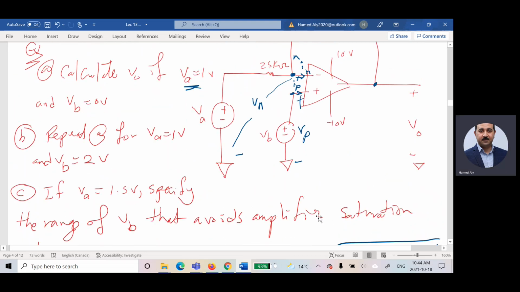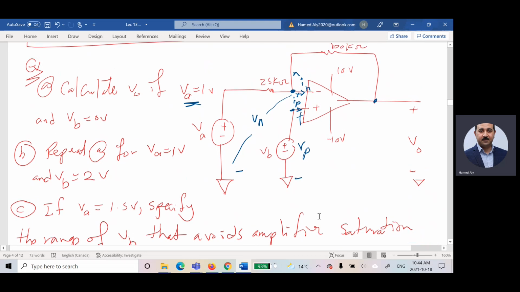For VP equal to VN, I have to define where is VP and where is VN. I have to define both of them. VP is the voltage from the positive terminal to the neutral or to the reference that you have. And VN is the voltage from that point to the reference that you have.